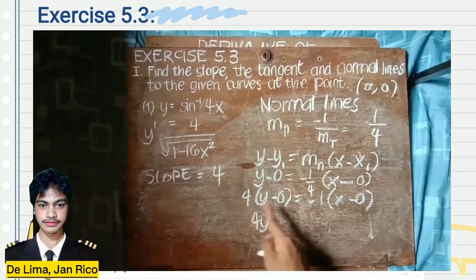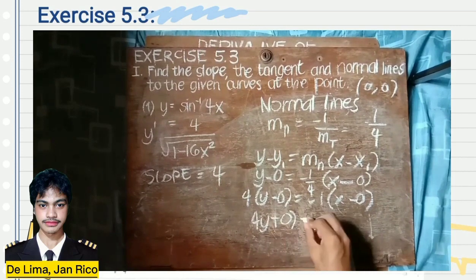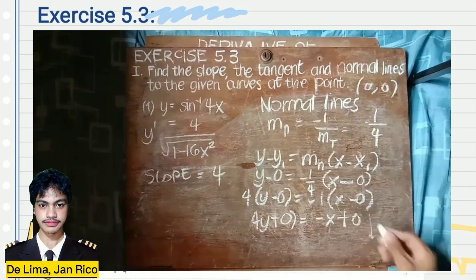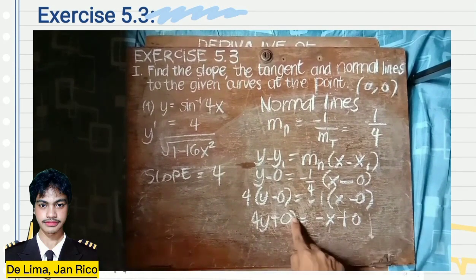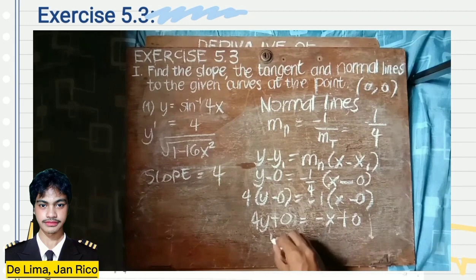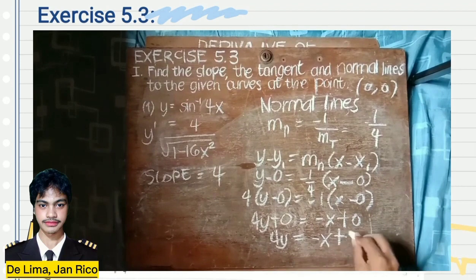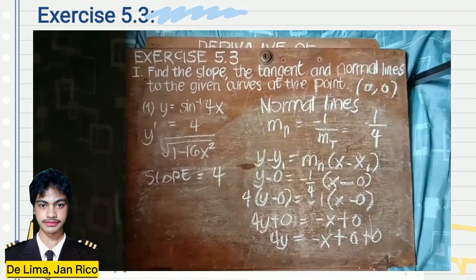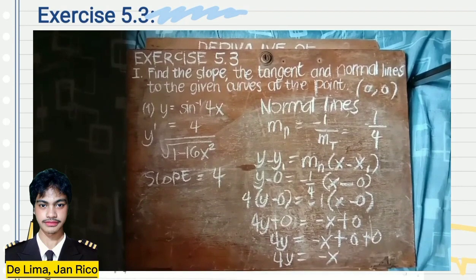And 4 times 0 equals to 0. Is equals to negative 1 times x is equals to negative x. And negative 1 times 0 is equals to 0. And ang sunod natin gagawin is, ililipat natin itong 0 dito, which would be equal to 4y is equals to negative x plus 0 and plus 0. And ang equal nito is 4y is equals to negative x.